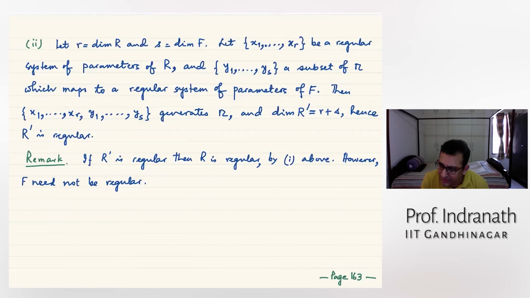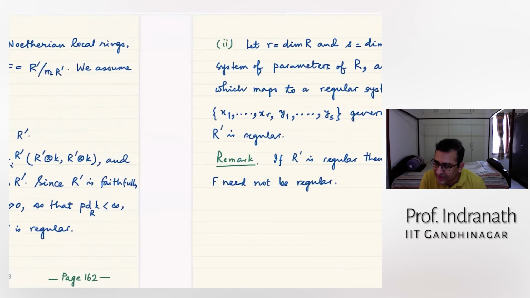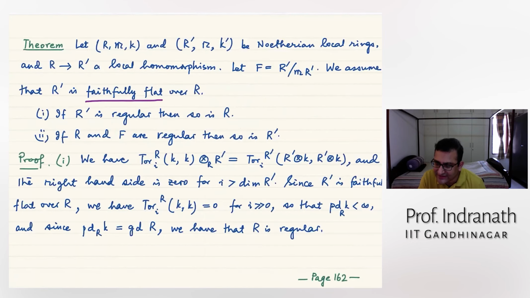So basically what my question is, you see, I'm in a sense assuming that R is sitting inside R dash in some sense, right? So where are we really using faithfully flat? Because I'm still not in a situation to loosen it to just flat.